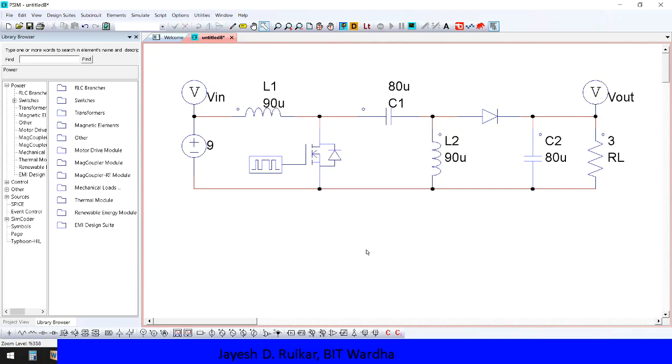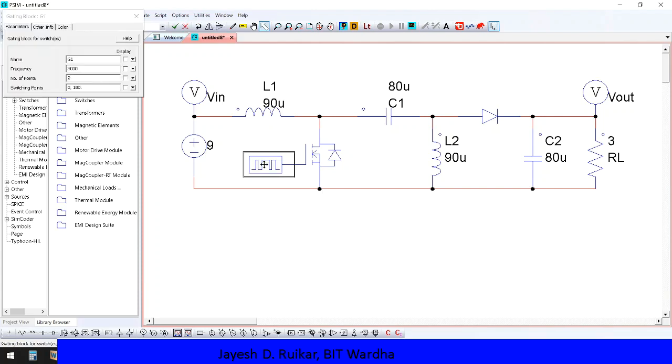Yes, and then we need to simulate. We need to make sure of this PWM frequency; you can always check the frequency. By default it is showing 5,000. So it should be 1 lakh frequency, which is given in the problem, and then for the switching points you can make it 144, 0 to 144 instead of 0 to 180.